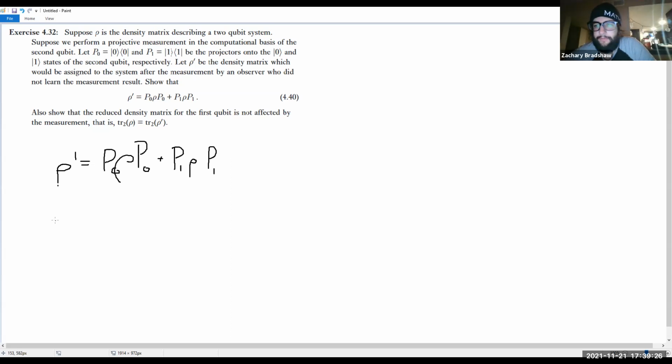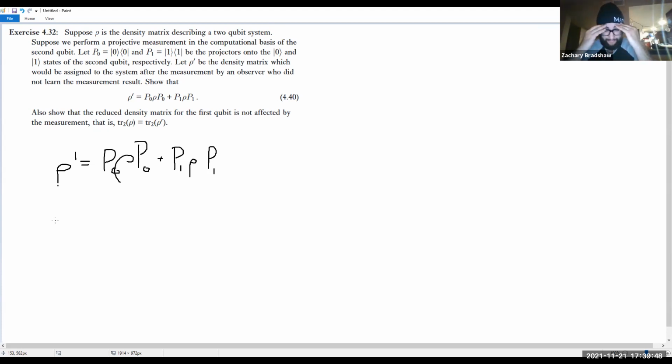Oh, because we're doing a measurement in the computational basis. And so we want to figure out whether the second qubit is a 0 or a 1. And so the only projection operators are P0 and P1.